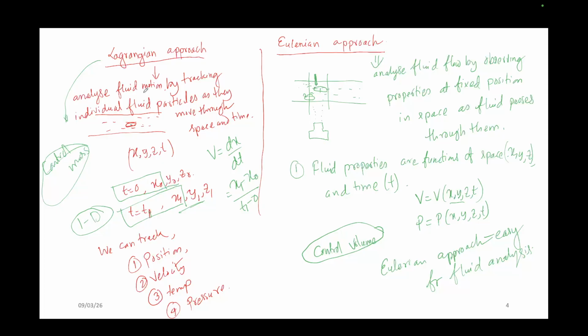In the Eulerian approach, you will deal with a lot of particles, and only the position is fixed. Whatever happens to the particles at this position, we will have to track. The river is quite large, so in the Eulerian approach we just take a small portion of the river, but in the Lagrangian approach, we deal only with the particle.